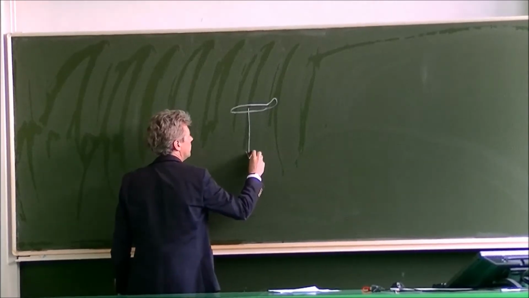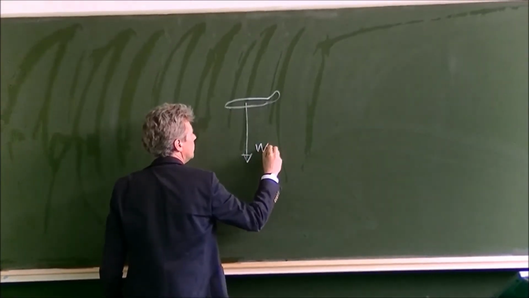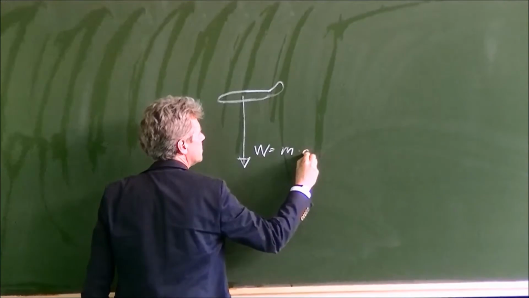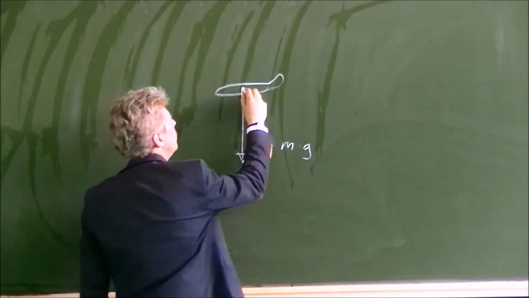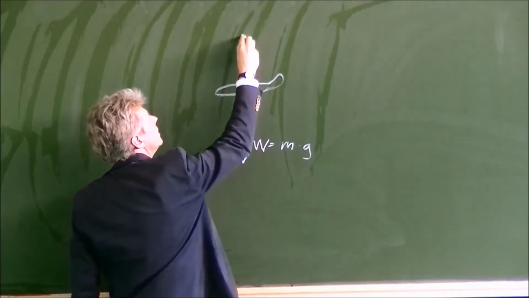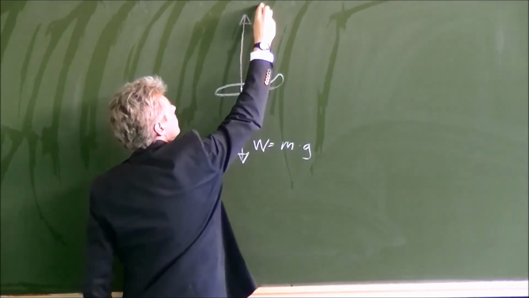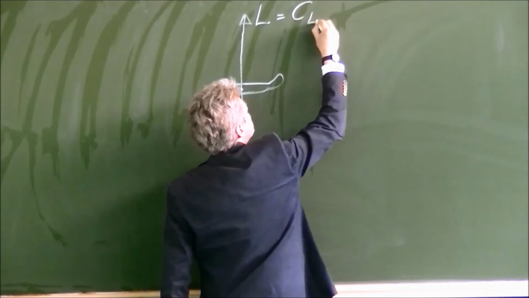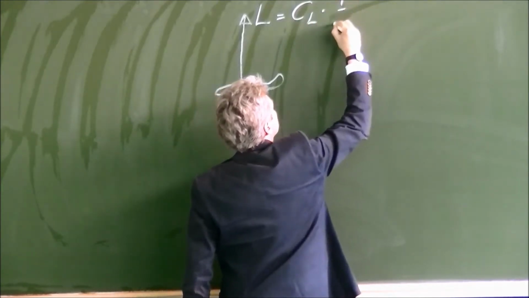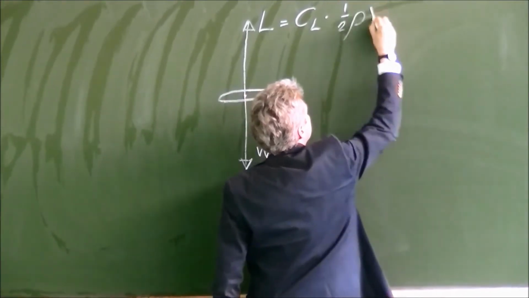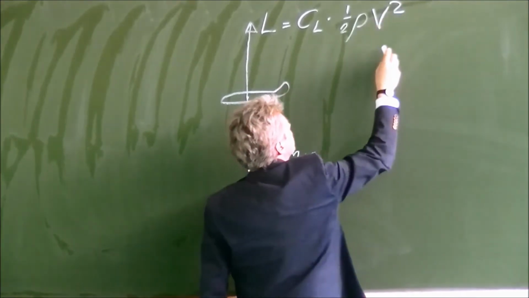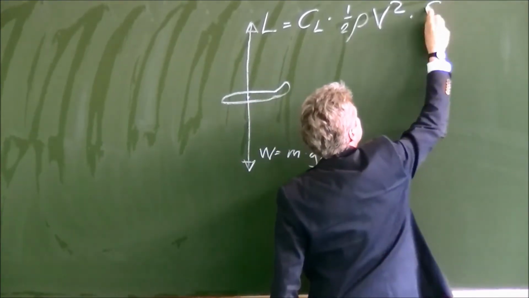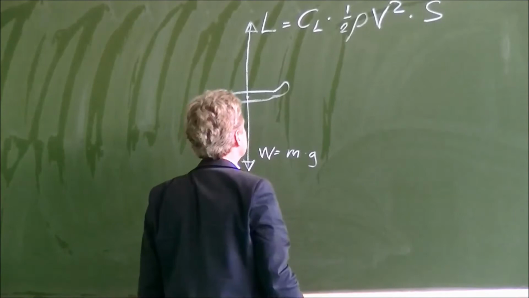then we have the weight, which is the mass times the gravity acceleration, which in stationary flight is equal to the lift, L, for which we had the formula CL, the lift coefficient, times half rho V squared, the dynamic pressure, times the area of the wing.